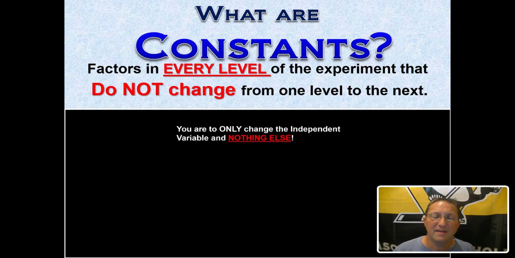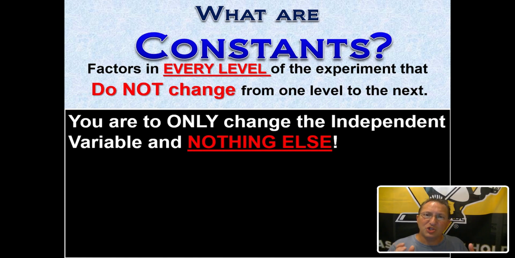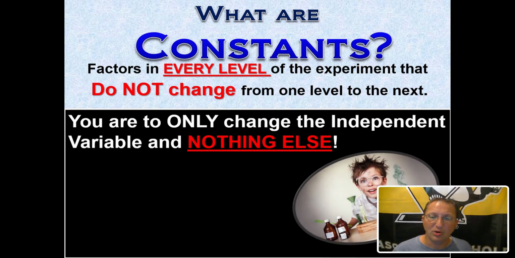Okay? If you change more than one thing, there's no way to know whether or not your independent variable truly impacted your dependent variable or not. So we have to only change one thing and nothing else.